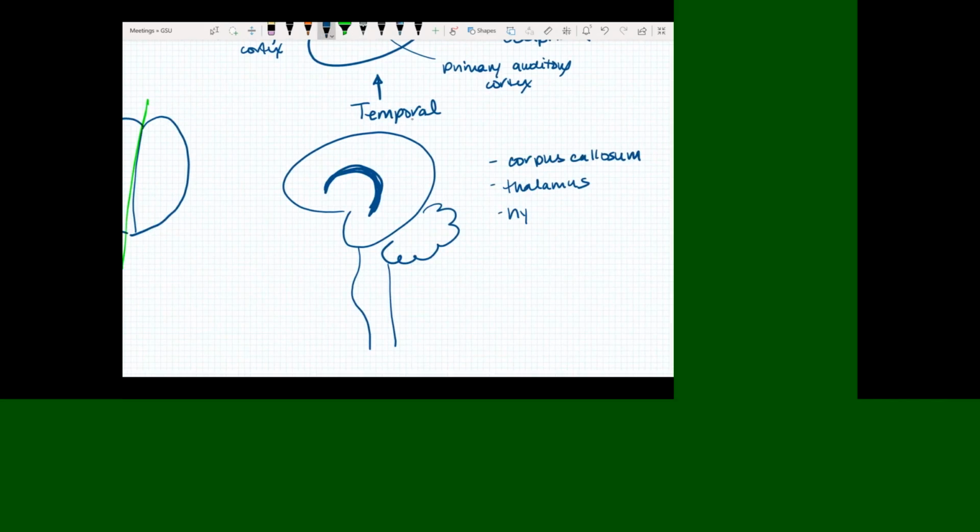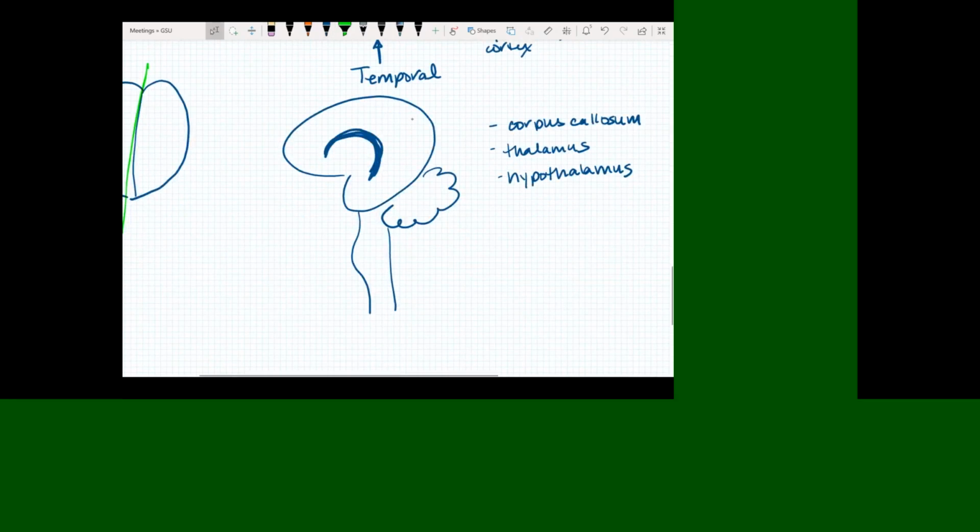Underneath the thalamus is the hypothalamus, which handles our metabolism and keeps our homeostatic world going. And then I want you to be able to find the pituitary gland. All of these are going to be around somewhere in here because these are our diencephalon structures.